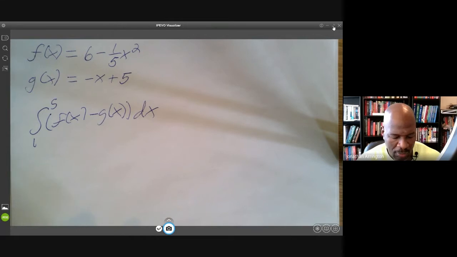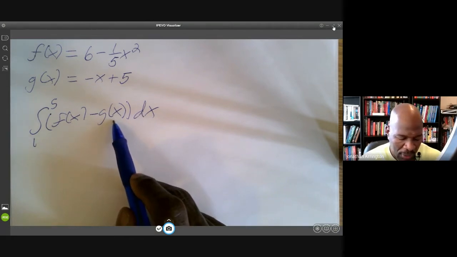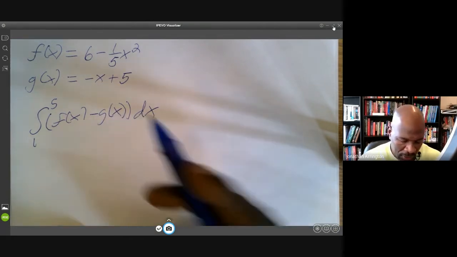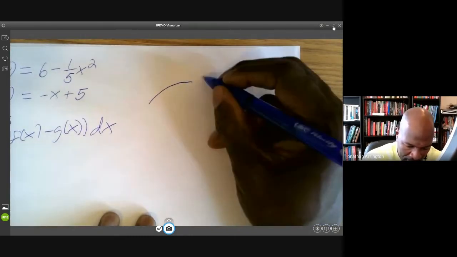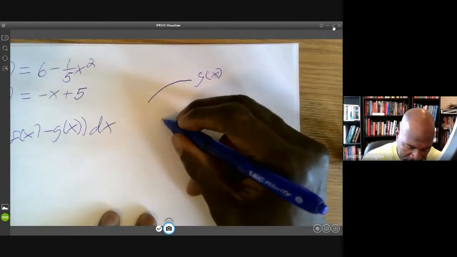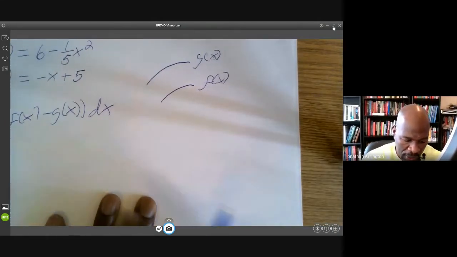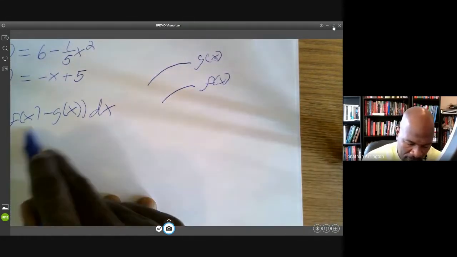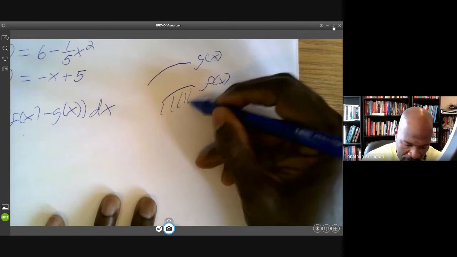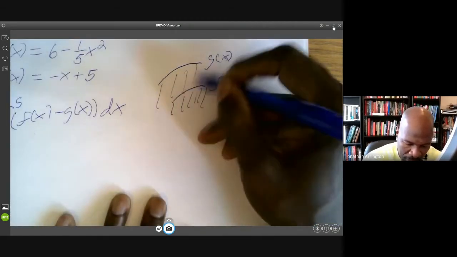But for this example, say for instance g was the top function. Hypothetically, this is the graph of g and this is the graph of f, so g is the top function, but I'm doing f minus g. When I find this integral, it's going to be this area here, and when I find the other integral, it's going to be this area right here.